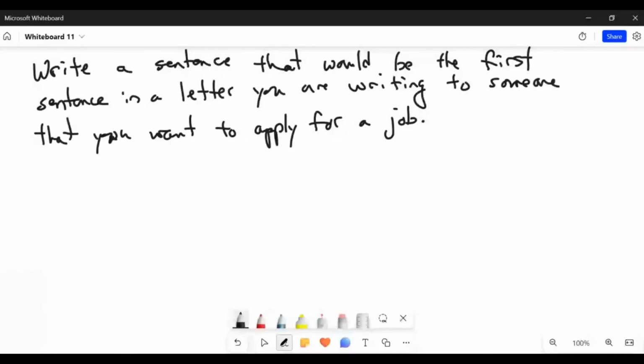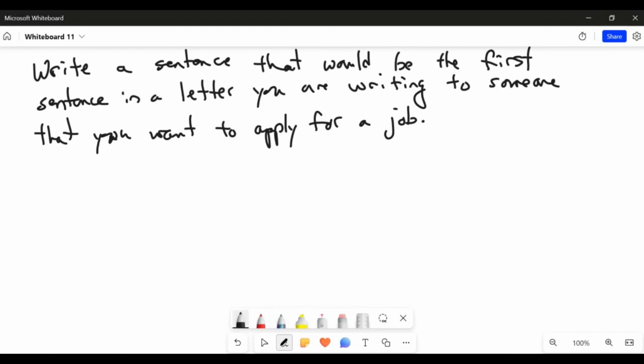I want you to take a piece of paper, and I want you to write a sentence. Here are the instructions. I want you to write a sentence that would be the first sentence in a letter you are writing to someone that you want to apply for a job.